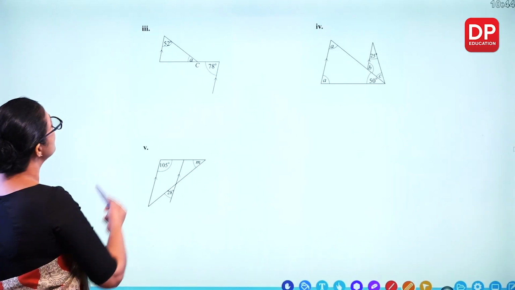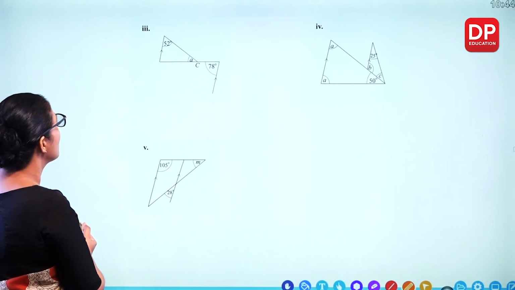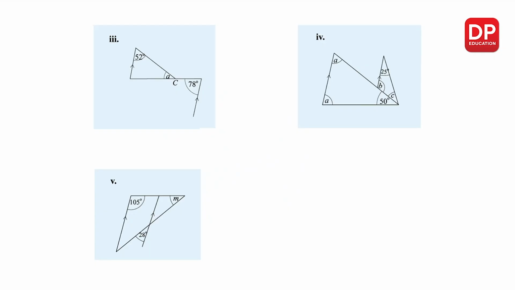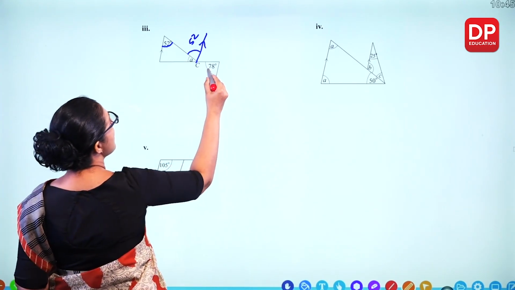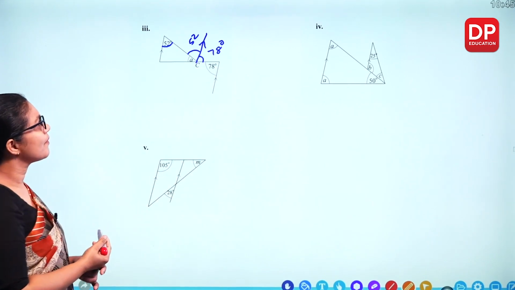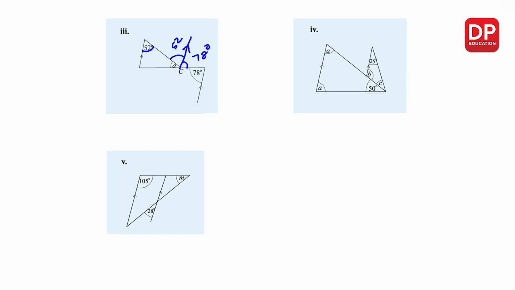Look at this one. These two lines are parallel. So what can you say about this one? If you draw a parallel line to this one, this angle and this angle are 52, and this angle and this angle are 78. Now we can use the angle sum of these three is 180 because it's a straight line.